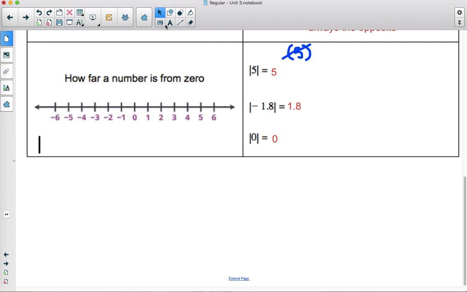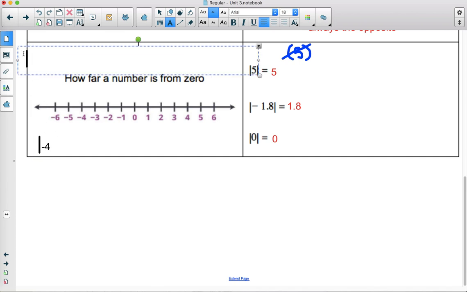Okay, so let's go ahead and write -4. Oops. Oh, shoot. Sorry, guys. I should have had this part done beforehand. Okay, I'm just going to draw another line here.